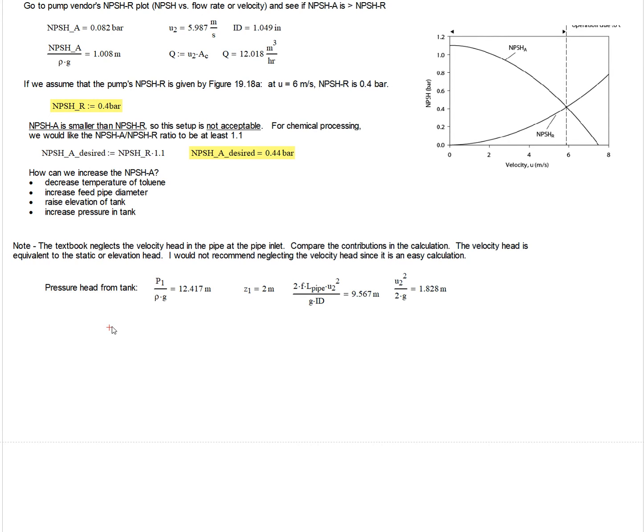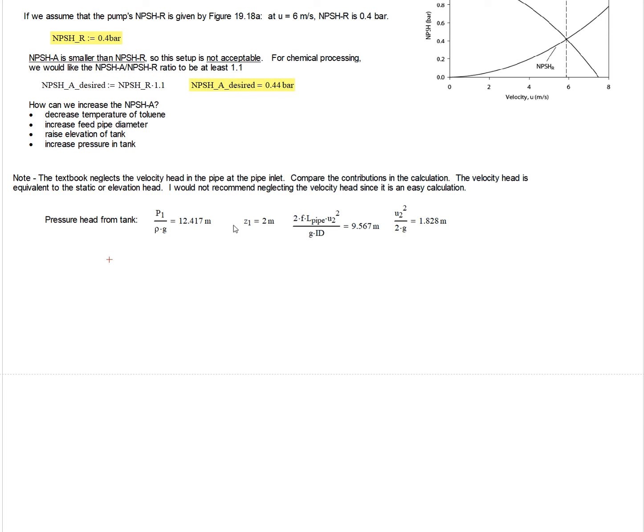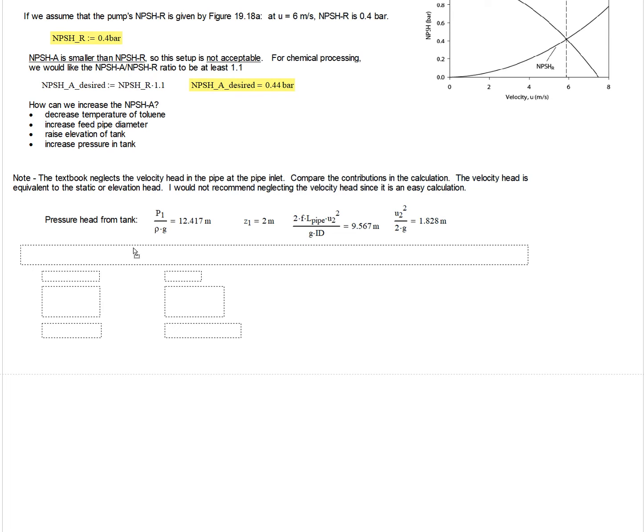They do that for simplicity, but the velocity head is actually significant. You've got the pressure head, you've got the elevation head, you've got the head losses, and then the velocity head. That number is not insignificant. That is basically the same as your elevation head. So I do not think that neglecting the velocity head is a good assumption, and I would beg to differ with how the textbook solves this particular problem.